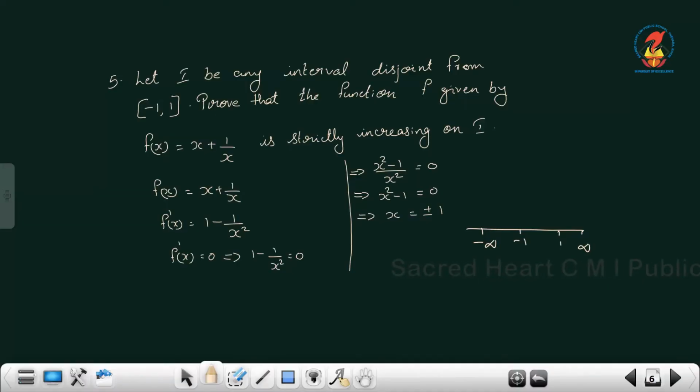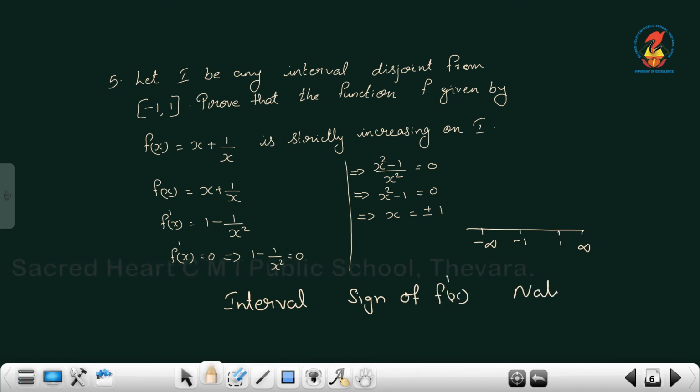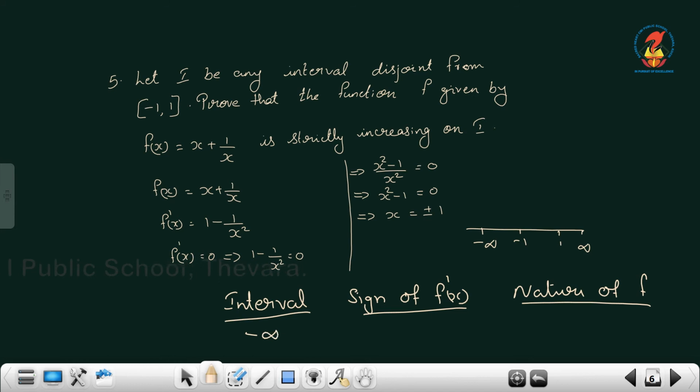So, I am writing here interval, sign of f dash x and nature of f. So, minus infinity to minus 1 and 1 to infinity.